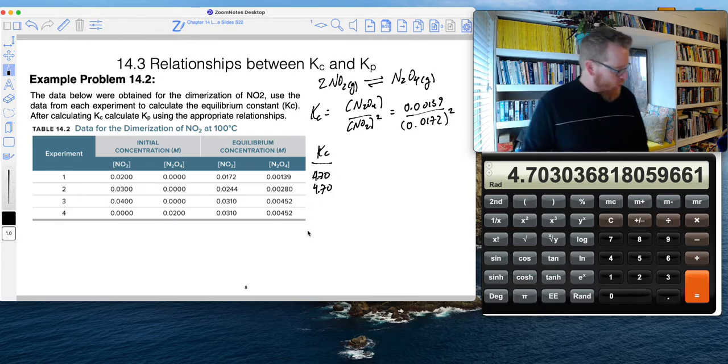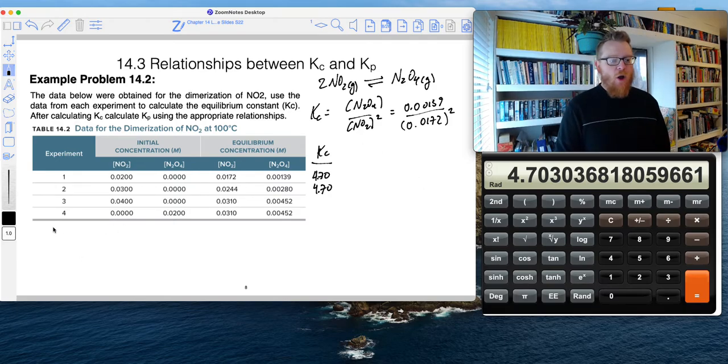So now how do we interconvert this? Well, we know our formula is Kp equals Kc times RT raised to the delta n power. So first we've got to calculate that delta n, the change in stoichiometric coefficients.